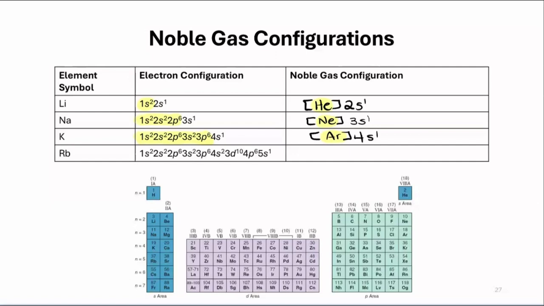Lastly, when it comes to rubidium, rubidium lives here. The noble gas that precedes rubidium is going to be element 36, which is krypton. That means that the noble gas configuration is going to be, in brackets, the symbol for krypton, and then we're going to write 5s1.